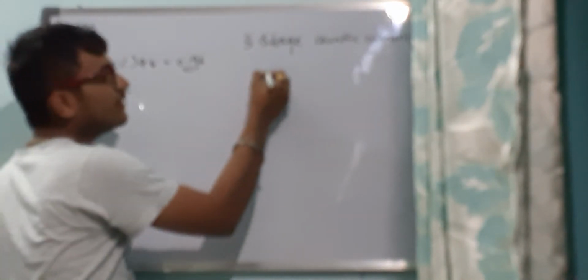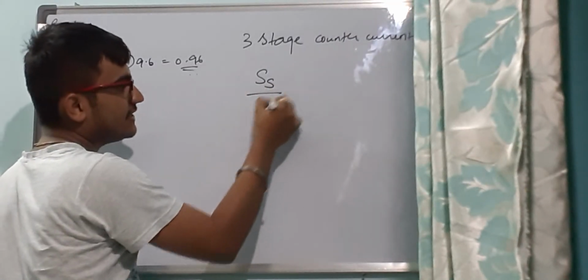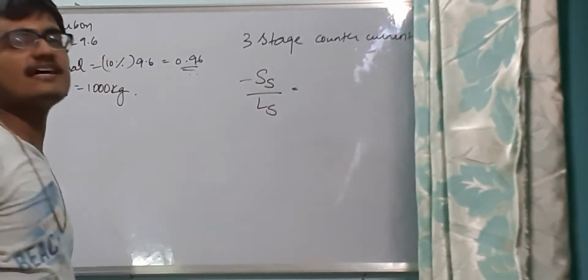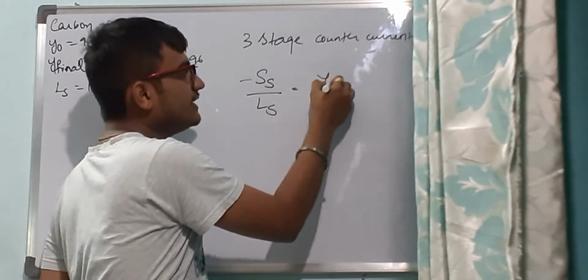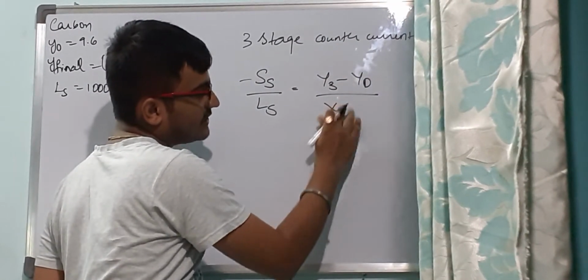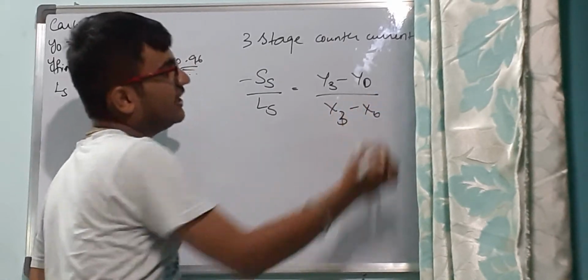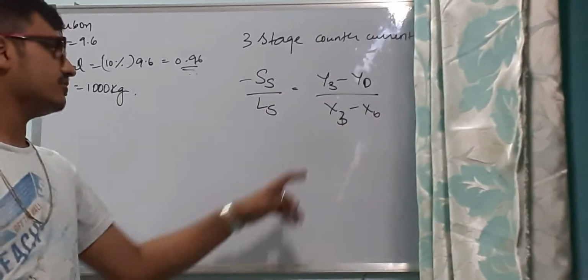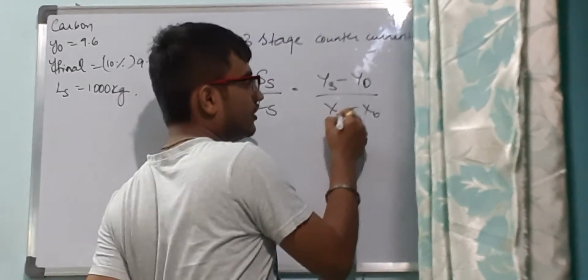So for a 3-stage counter current process, minus Ss by Ls will be y3 minus y0 by x3 minus x0. It is counter current, not cross. So you will have x3, not x0.